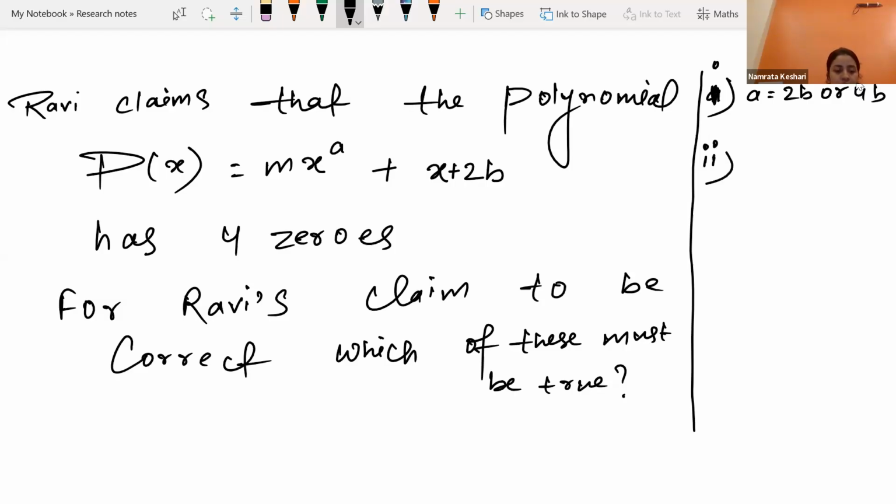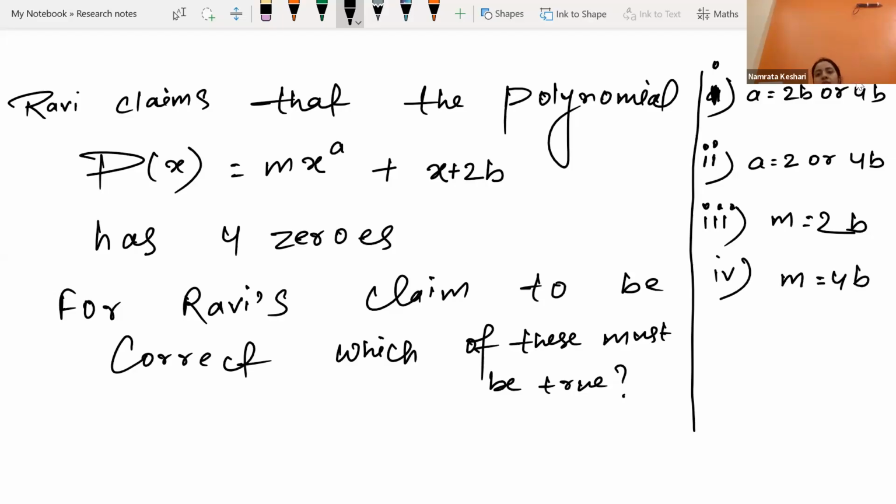Next is a is equal to 2 or a is equal to 4b, right? Next is m is equal to 2b. And next is m is equal to 4b. Have I written the options correctly, Maha?